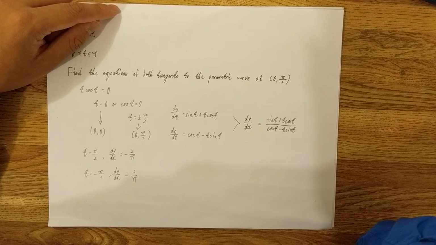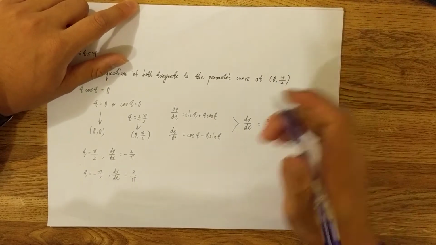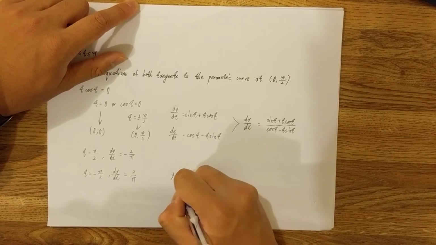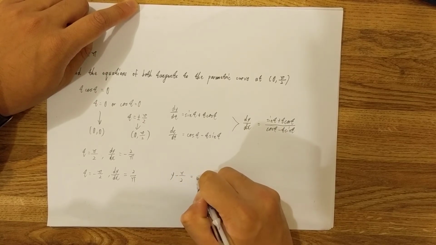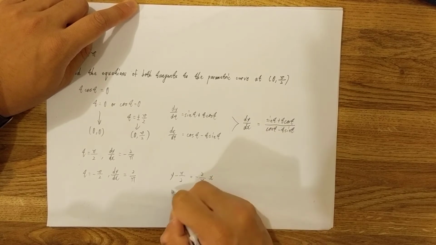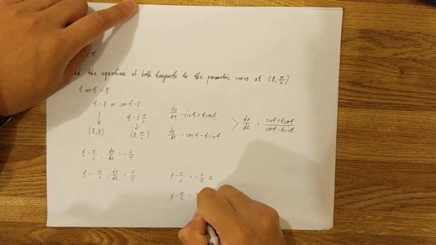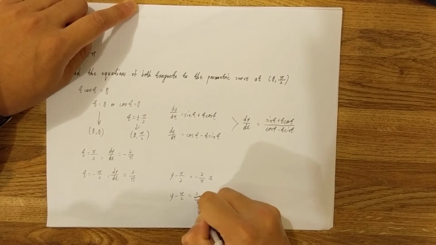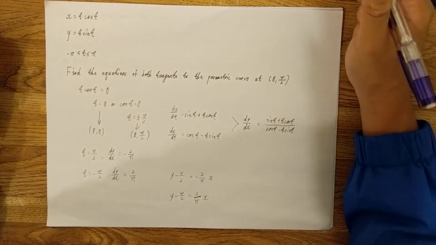So the equations of the tangents will be given by y minus pi over 2 equals either negative 2 over pi x or y minus pi over 2 equals positive 2 over pi x. I'll give you a second to take note again.